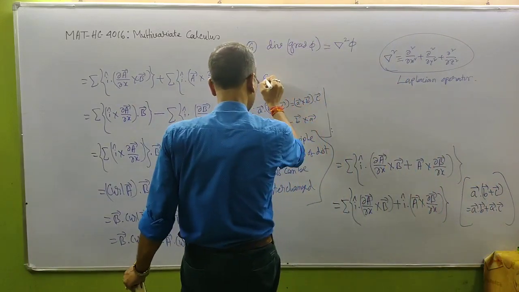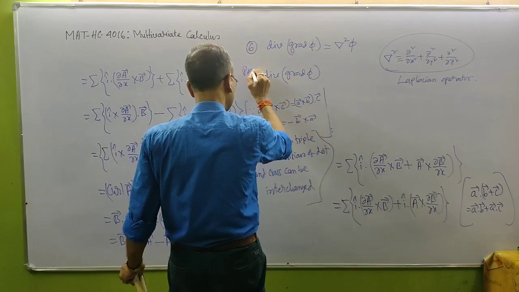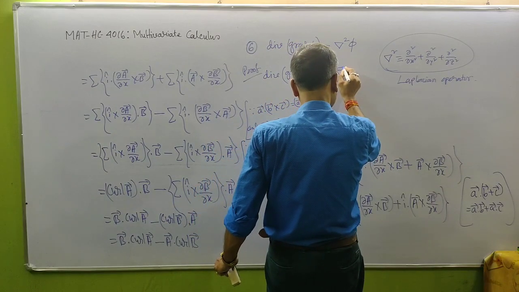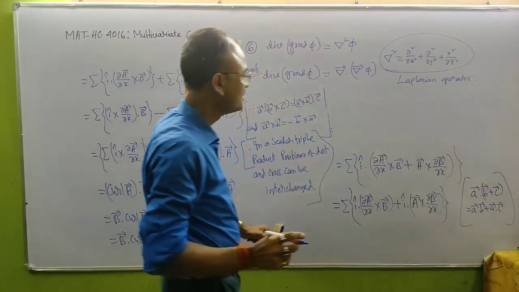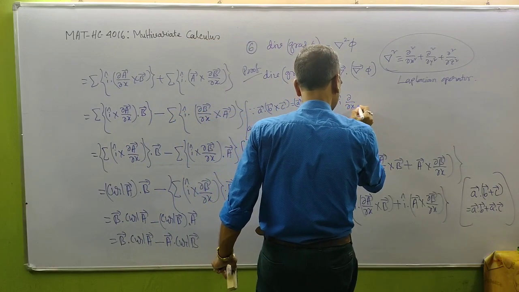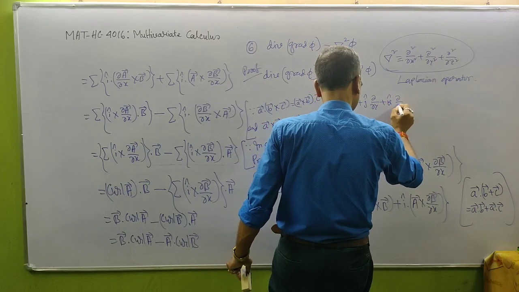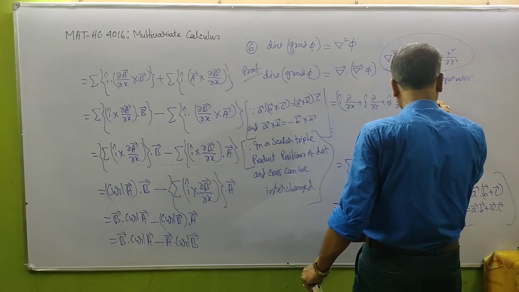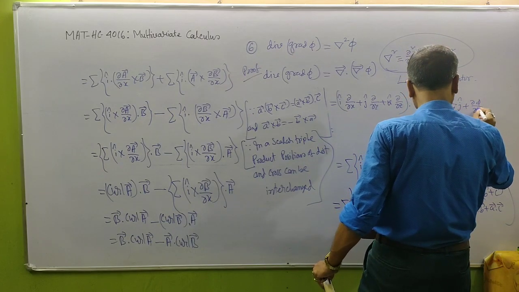Divergence of gradient of phi. Proof of this. Divergence of gradient of phi is equal to nabla dot gradient of phi. This is equal to (i cap delta by delta x plus j cap delta by delta y plus k cap delta by delta z) dot (delta phi by delta x i cap plus delta phi by delta y j cap plus delta phi by delta z k cap).